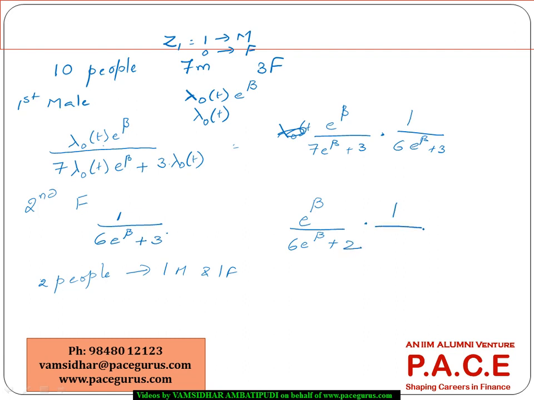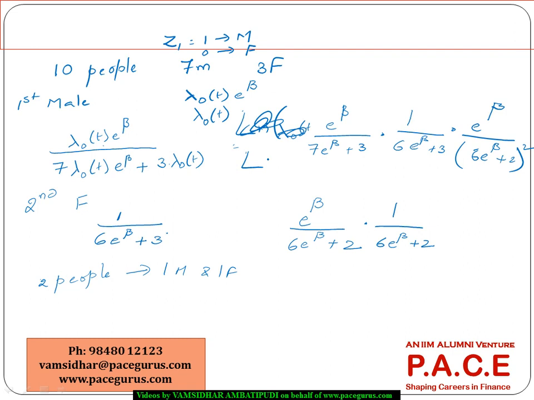Similarly, I'll take the female one also, 1 divided by the same, because both of them have died simultaneously, I will not disturb the denominator here. So when there is a simultaneous death, we'll multiply these e power beta and take the denominator as 6 e power beta plus 2 whole squared. This will form my partial likelihood function for the estimation of beta.